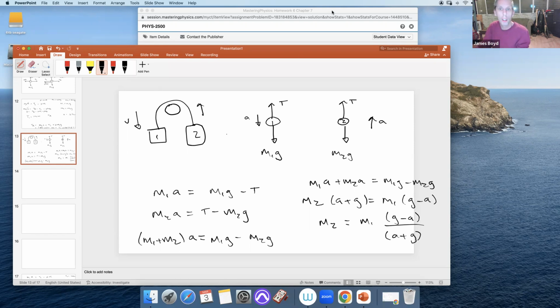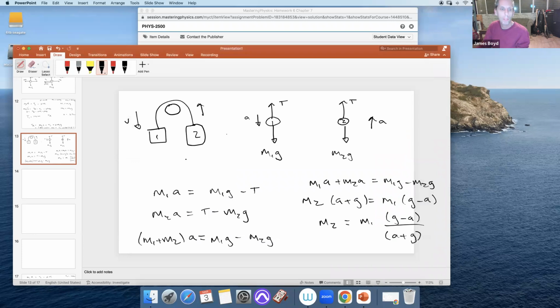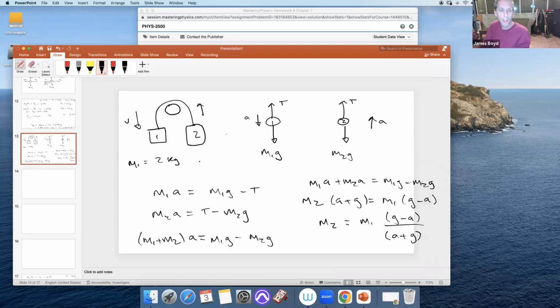Now, we're told that one of the masses, let's call it mass 1, is 2 kilograms, and that its acceleration is positive 3/4 g, so 3/4 times 9.8. We want to find mass 2. Assume g is 9.8 and a is 3/4 g. Well, all the g's will cancel.